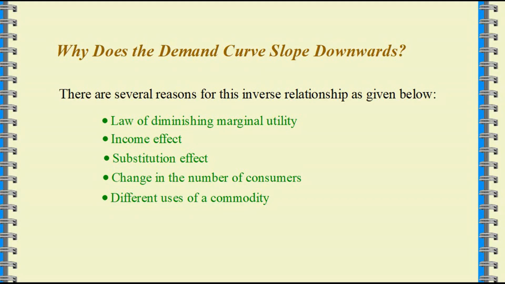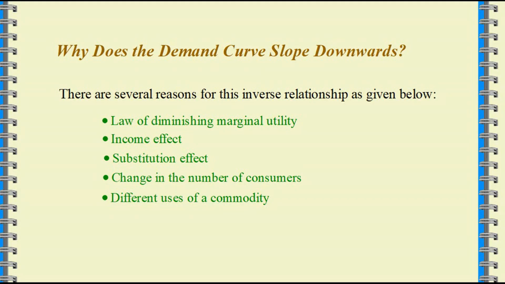The lower the price, the higher will be the quantity demanded. Why? Because the product is going to be used for different purposes. The higher the price, the lower will be the amount of commodity that we are going to purchase. We are going to focus only on its essential use of the commodity. The different use of a product can also be a reason for the downward sloping of the demand curve.